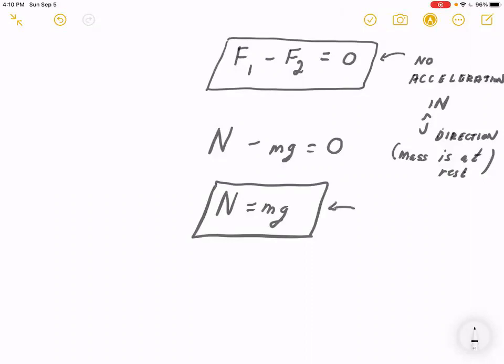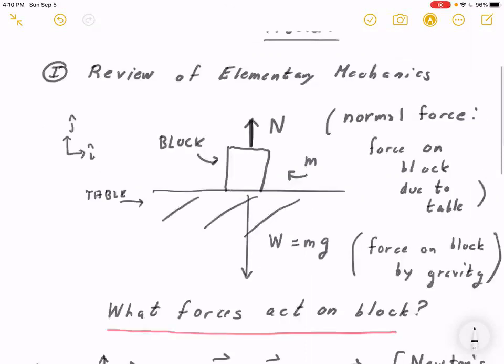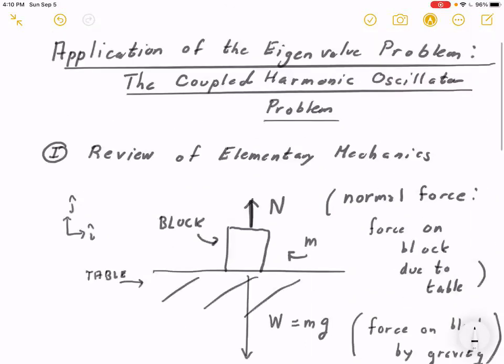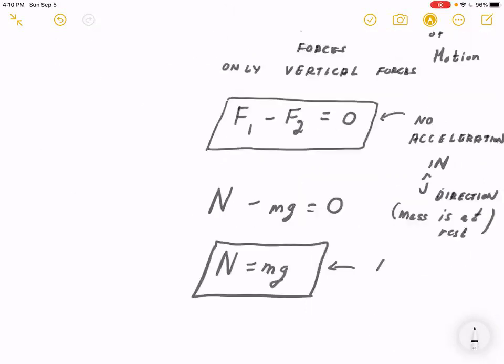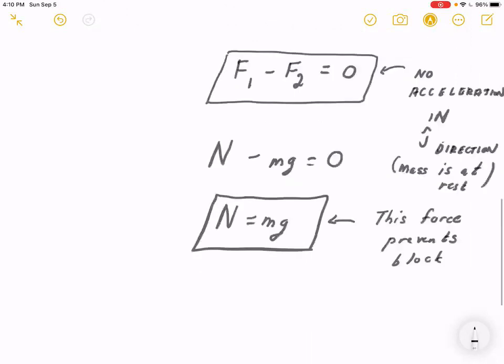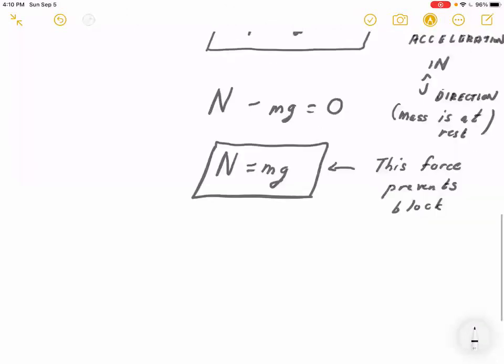So this normal force, this guy here, is critical to the problem because this is the force that the table exerts on the block, and this force prevents the block from falling through the table.